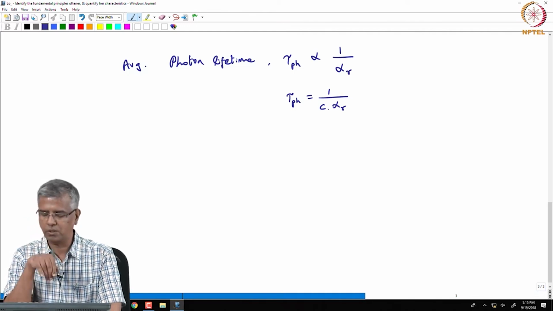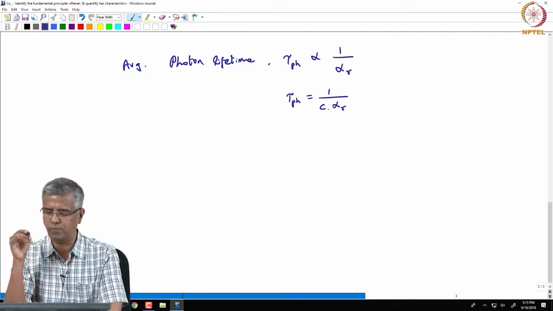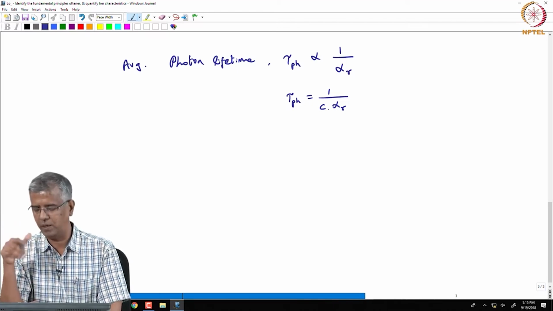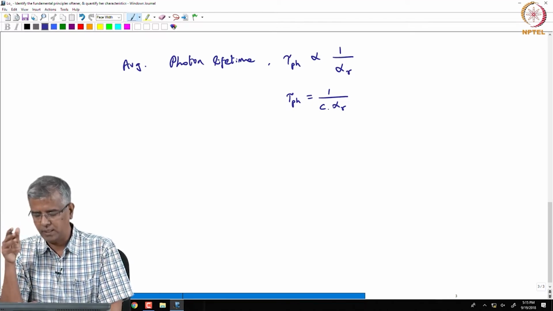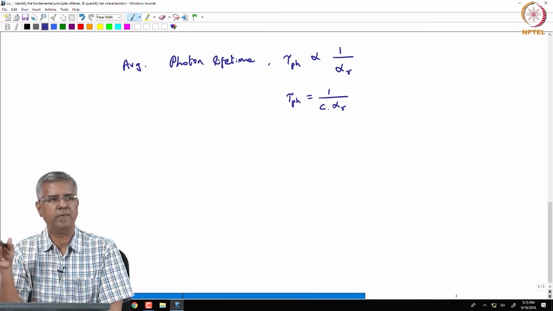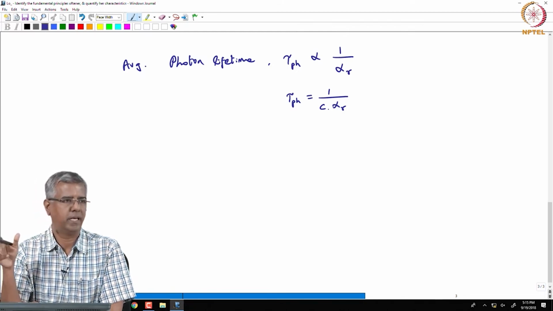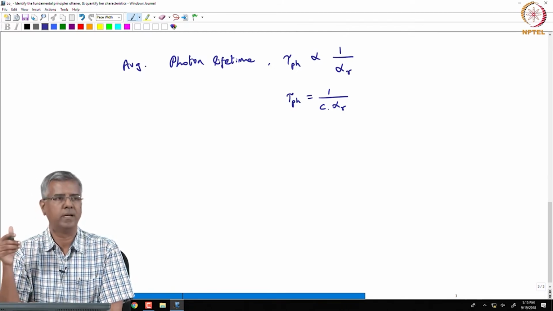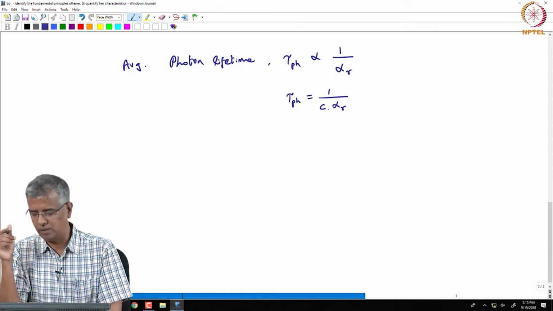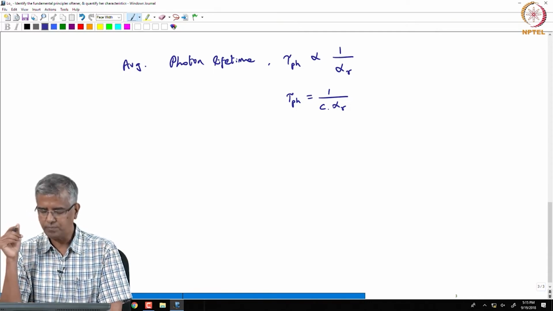Okay. Now, of course, we say c in general as if it is a free space cavity, but if you were to be technical about it, if it is actually a cavity with refractive index n, then c over n would correspond to the actual velocity of the photon. Okay.